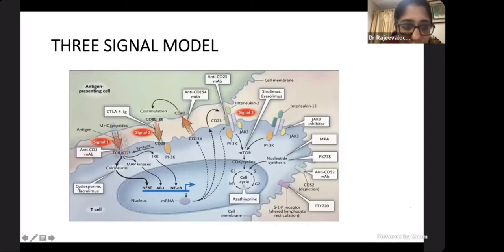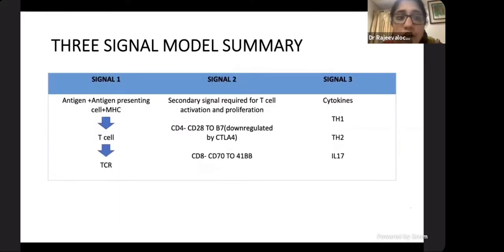So this is the T cell, where the antigen attached to the antigen presenting cell, along with the major histocompatibility complex or HLA, binds to the T cell receptor. This is signal one. Now, coming to the second signal: signal one alone is not enough for T cell activation to occur.